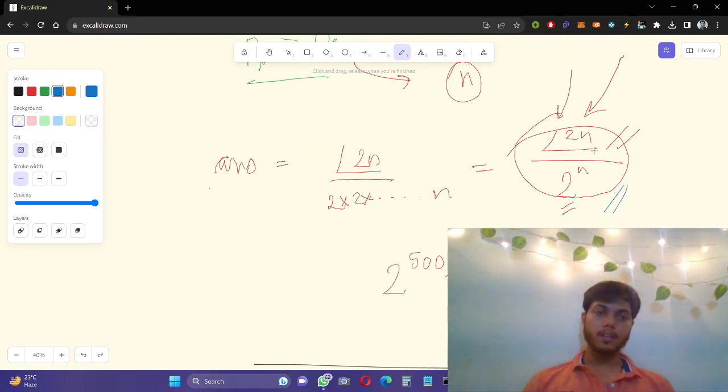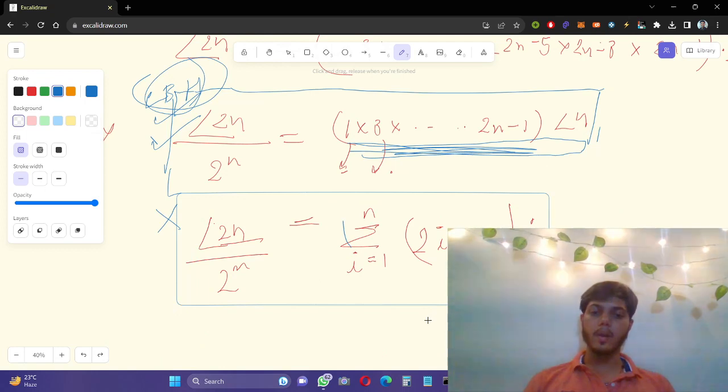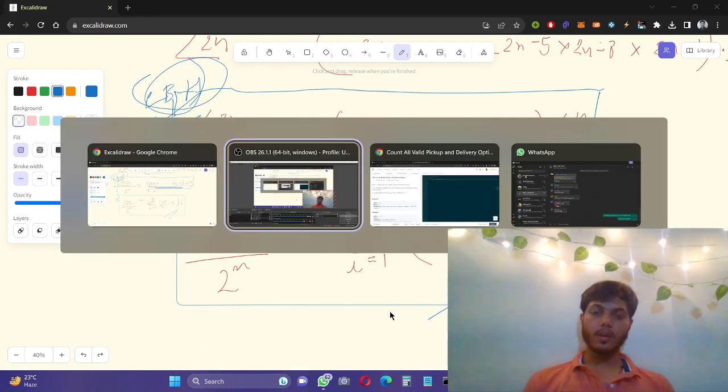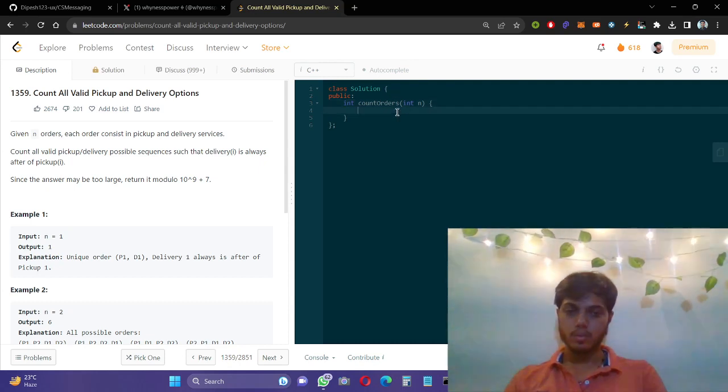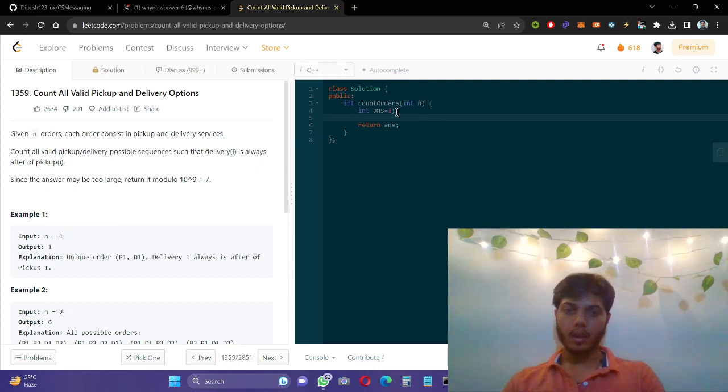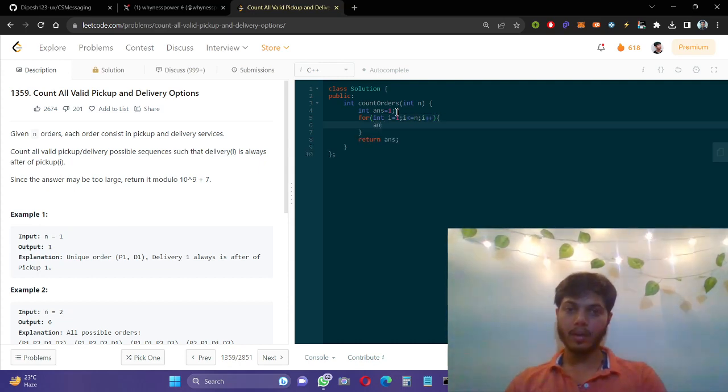So instead of writing this in this form, let's program it and write the answer as this. I hope the proof is clear to you. So let's first write the answer, set it to 1 and return that answer. And let's do a for loop from i equals 1, i less than or equals to n, and we have to do what?